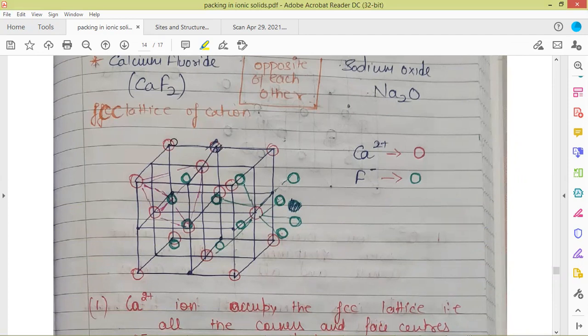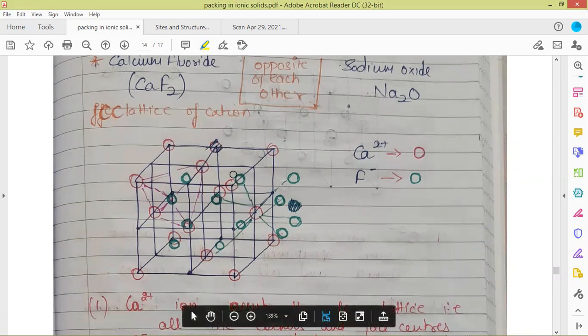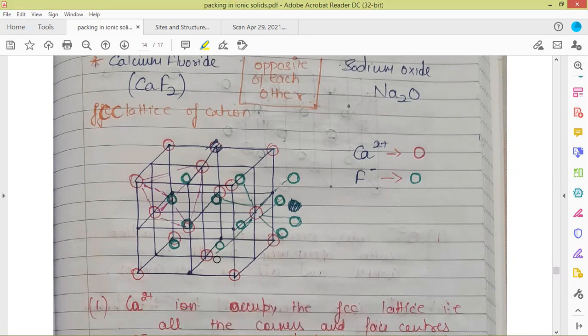Calcium ions are going to make the face-centered cubic lattice. This is the exceptional case where cations are making the FCC lattice, because of the comparable size of the cations and the anions. These calcium ions are making the FCC lattice, and fluoride ions, being smaller in size, are going to occupy the lattice sites.